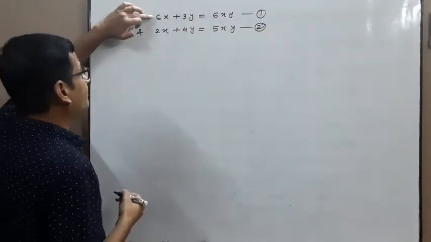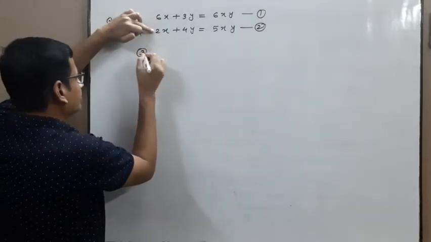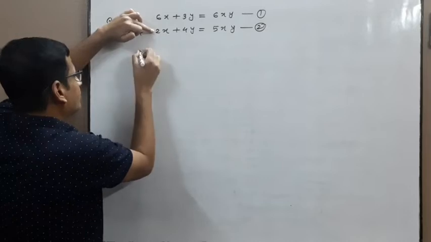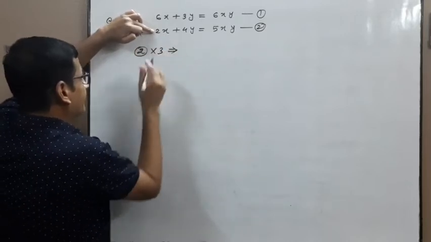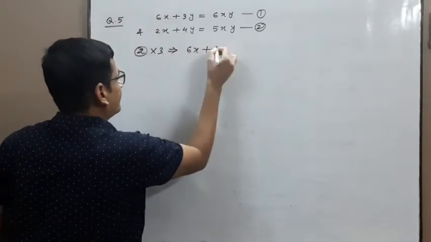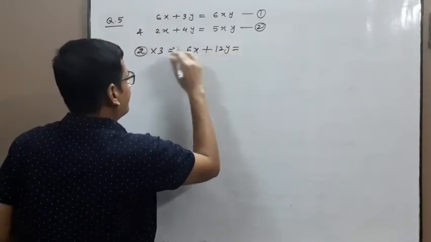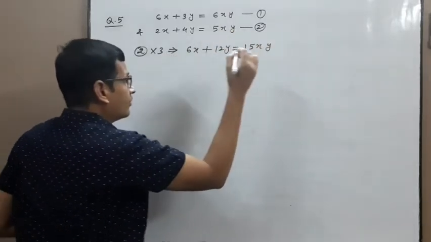Now multiply equation 2 by 3. Equation 2 into 3 implies 2x into 3 is 6x plus 3 fours are 12y is equal to 5 threes are 15xy. Give equation number 3.